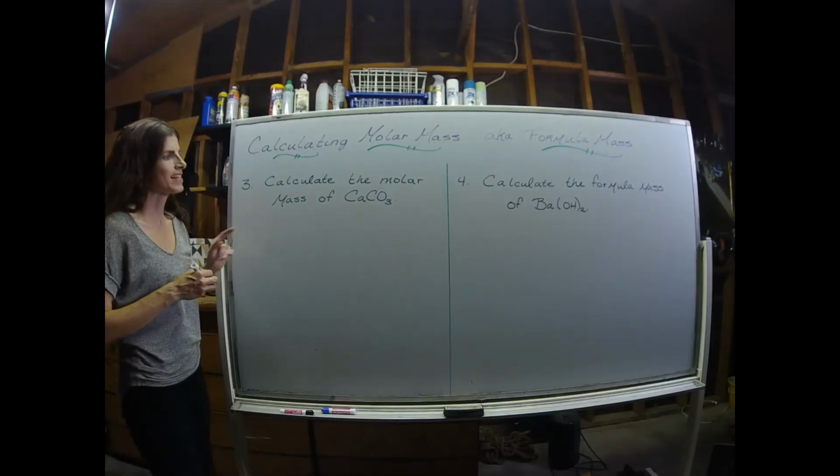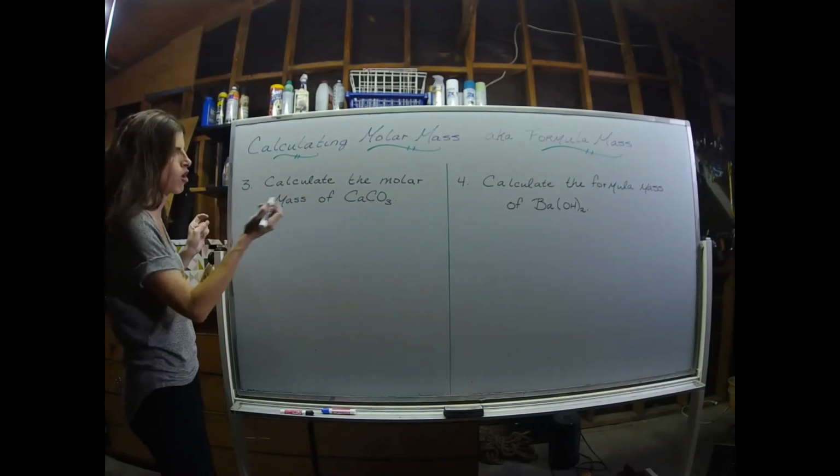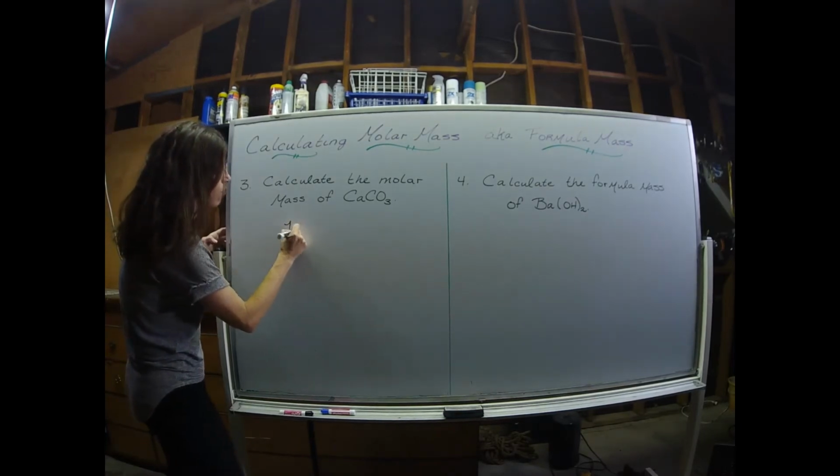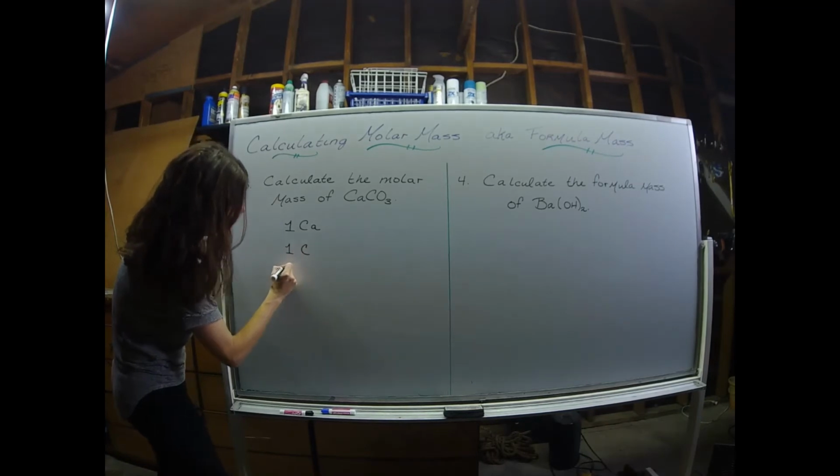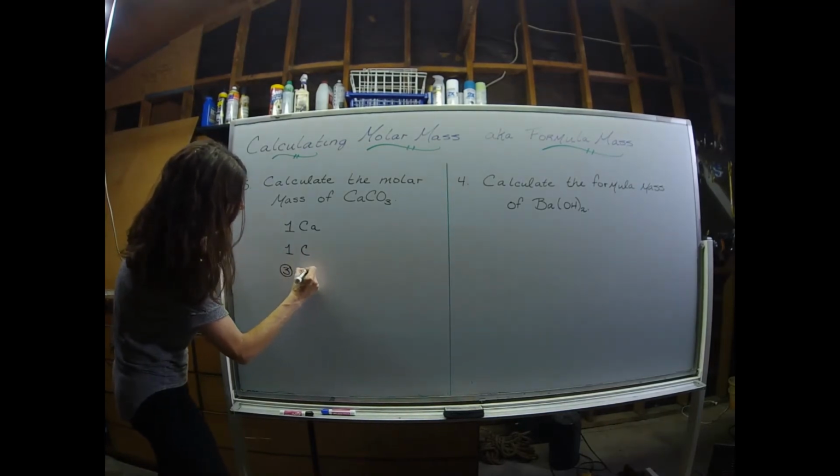Number 3, we're asked to calculate the molar mass of calcium carbonate. So we have 1 calcium, 1 carbon, and 3 oxygens to account for.